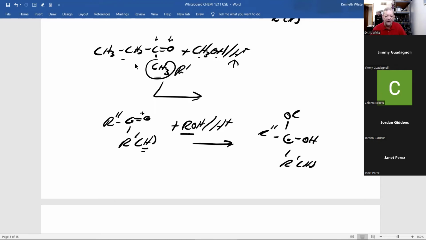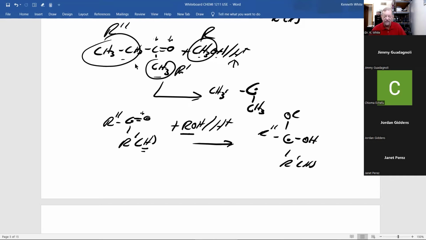This is my R prime, R double prime, and R. Keep your eye on the carbonyl carbon, it becomes this carbon, what's attached to it, R prime is still there. R double prime is still there. And then it has the hydroxyl group, oxygen, and what's our R group? Methyl. And that's how you do it.